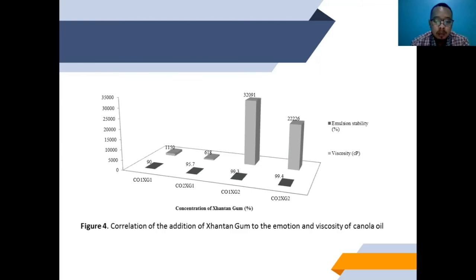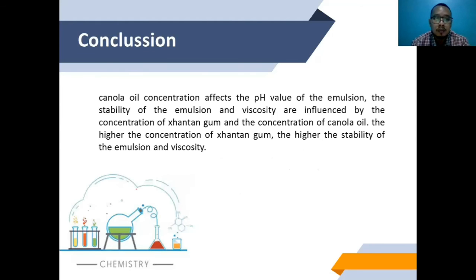Therefore, if the concentration of xanthan is increased in the emulsion, the stability value and viscosity of the emulsion will increase. The addition of xanthan is generally used not only to create the desirable textural attribute, but also to stabilize the emulsion against gravitational separation.